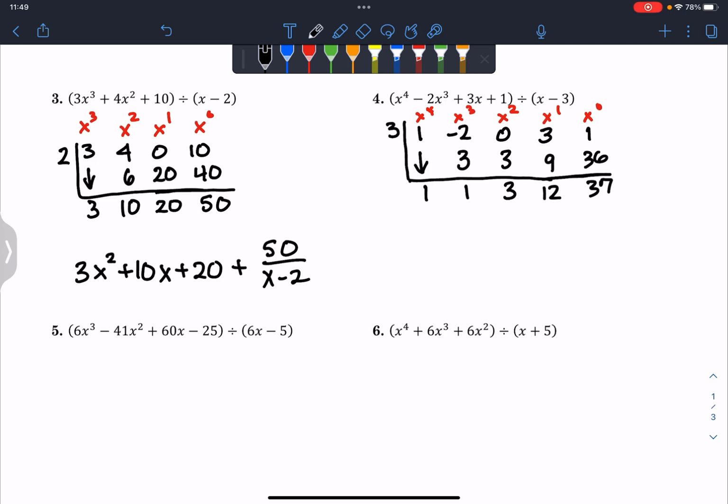So we're going to start now with 1x to the 3rd power, since the degree of our dividend is x to the 4th. Our quotient would start with x to the 3rd, plus 1x to the 2nd, plus 3x to the 1st, plus my constant, 12, and then again my remainder.